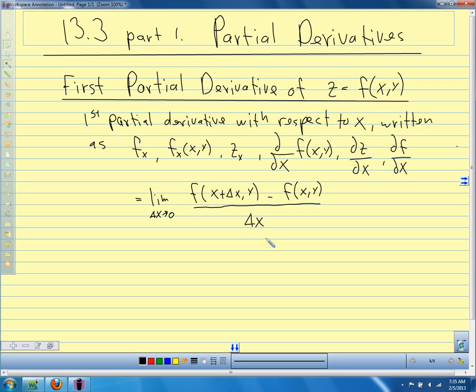So what we're doing here is taking the derivative of our function with respect to x and treating y as a constant.